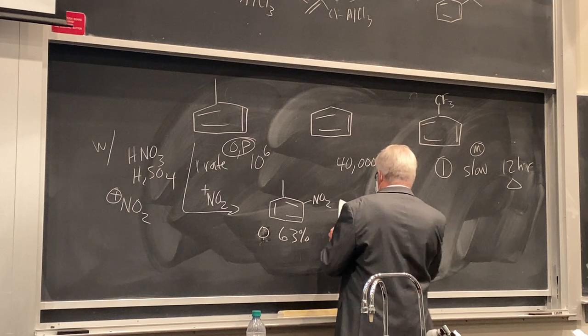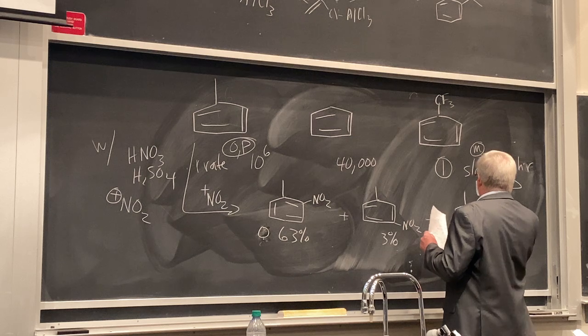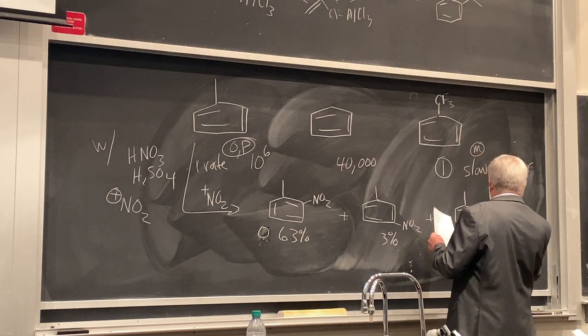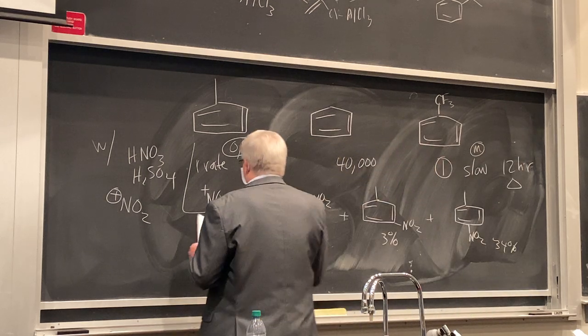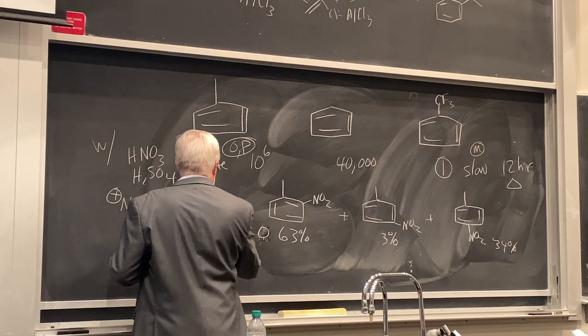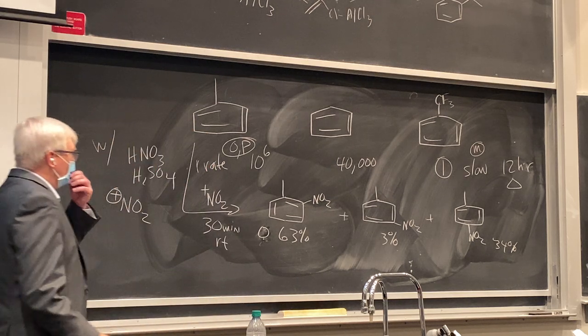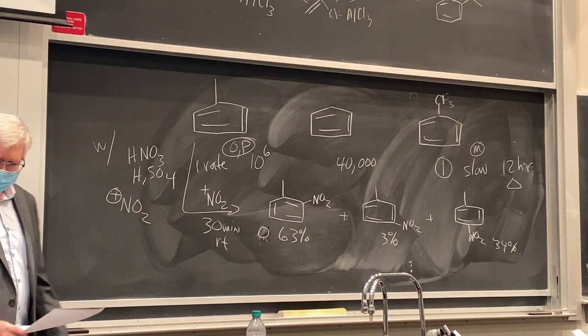But look, it's only 3%. And we get para, and that's 34%. Okay. And let's see, the reaction is done in 30 minutes at room temperature. Okay. 63, 3, 34.